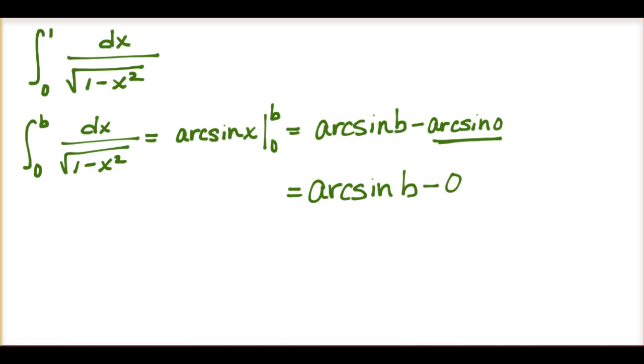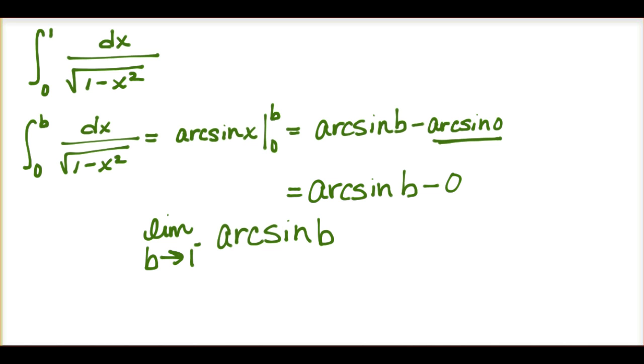So to finish off this improper integral, we're going to have to take the limit as b approaches 1. And technically it's 1 on the left because we're going from 0 to 1. But either way, we're going to come up with the same answer. But we're going to get the arcsine of b.